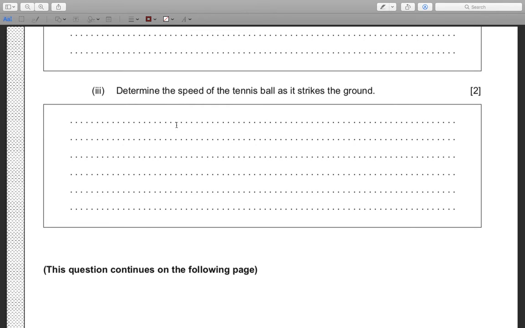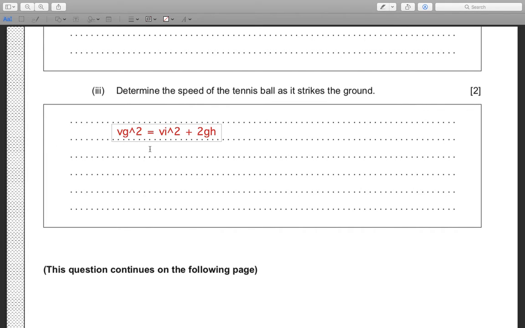We can use the formula v on the ground squared equals v initial squared plus 2gh.